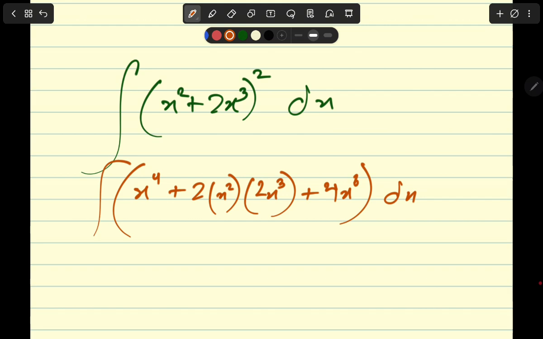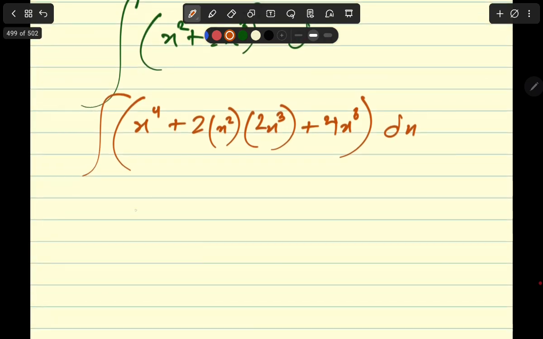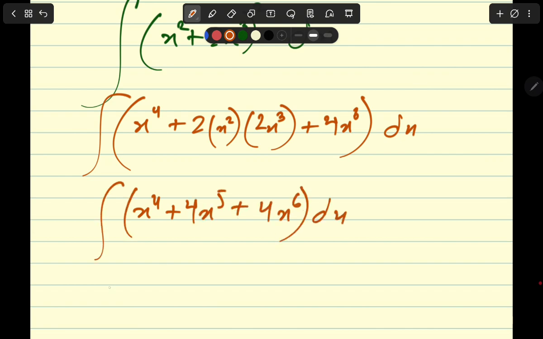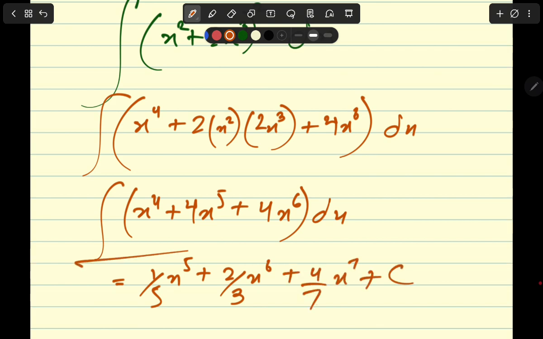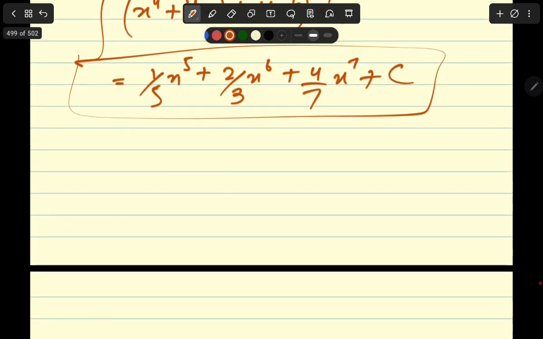So this is the expansion, a plus b whole square. And now this becomes x^4 plus 4x^5 plus 4x^6 dx, and now you can integrate it. It's very easy. It's just going to become 1/5 of x^5 plus 2/3 of x^6 plus 4/7 of x^7, and then an arbitrary constant of integration for all the terms.